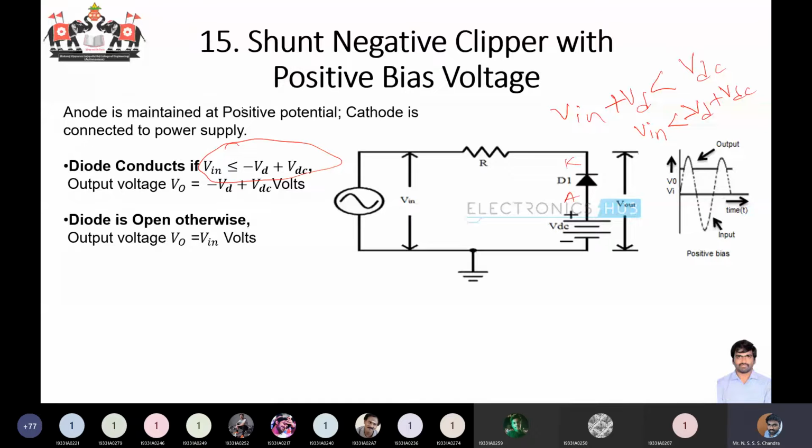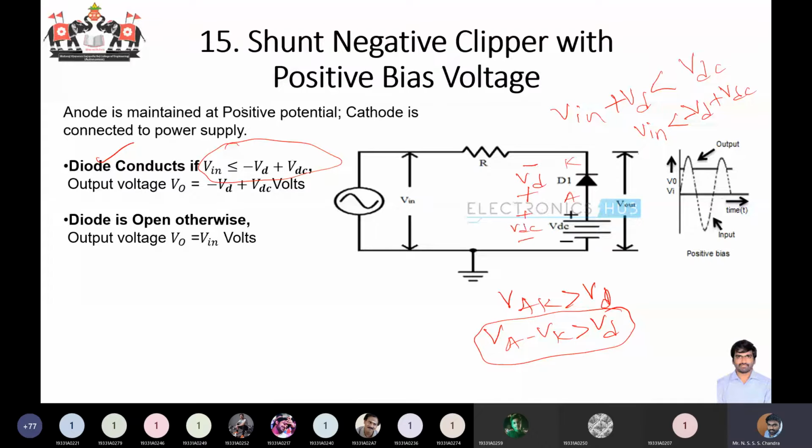Okay. So for every circuit, the only thing you need to check is whether VAK is greater than VD or not. That is, V anode minus V cathode is greater than VD or not. You simply replace this, then you get the condition for conduction of the diode. Okay. So when the diode is on, now this is minus, this is plus, this is VD, and here we have plus minus VDC.